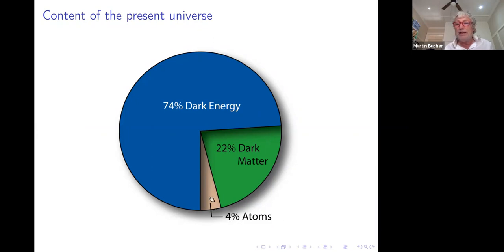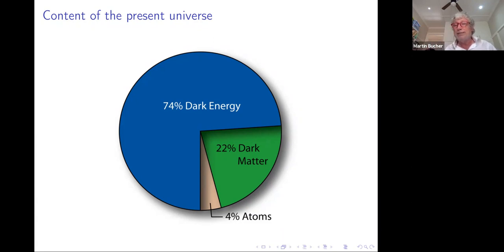So atoms here is baryonic matter, and that's just 4% of the critical density. The critical density is that if we have a spatially flat universe, then H squared is equal to 8 pi G over 3 rho.